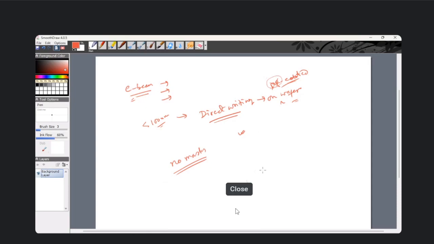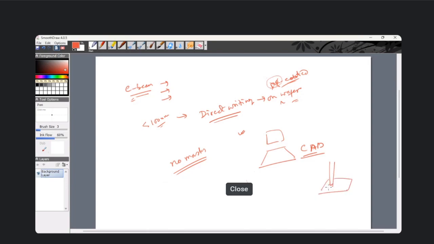That is why it is called direct writing. No PR is required, no mask is required, nothing is required. Whatever pattern you have designed using CAD tools on the computer, you directly write it or focus the beam on the wafer.